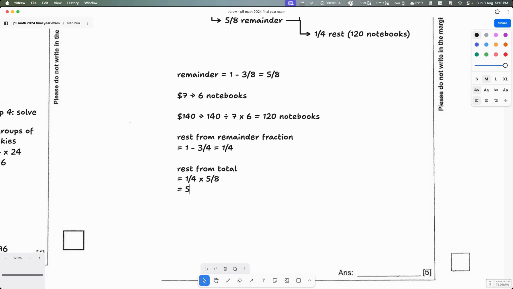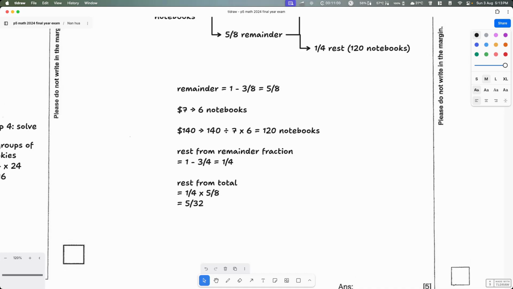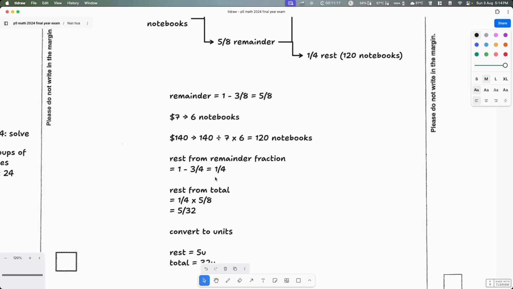This will give you 5/32. 1/4 times 5/8 is 5/32. That means we can convert to units. So the rest is equal to 5 units, and the total is equal to 32 units. I prefer this because it's much simpler.